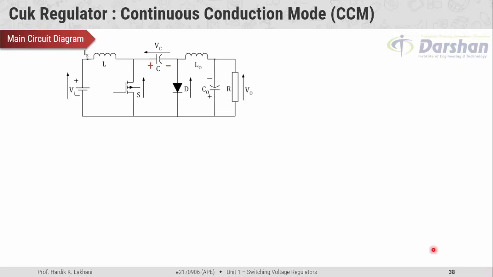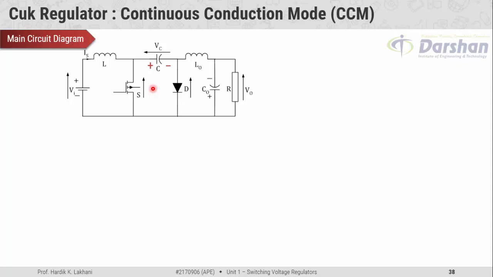So in the construction you can see that it uses two inductor energy storage devices and two capacitors. So there are total 4 energy storage elements. Because of that, it is also known as fourth order converter.